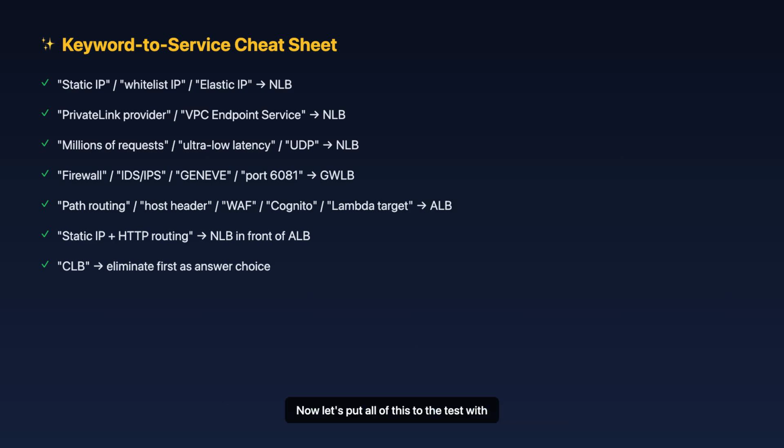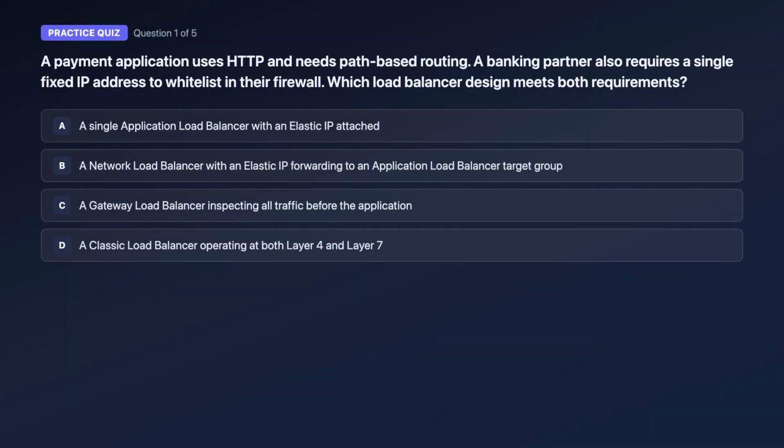Now let's put all of this to the test with a quick 5-question quiz. Question 1. A payment application uses HTTP and needs path-based routing. A banking partner also requires a single fixed IP address to whitelist in their firewall. Which design meets both requirements?